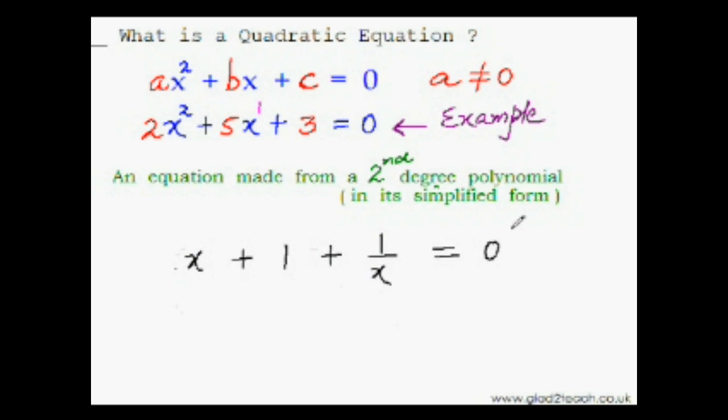So now tell me, how about this one? You have to get this one right. Is it a quadratic equation or not? This one is a quadratic equation. Surprised? At a first glance, it looks as if it's not even a second degree equation. But then, in its simplified form, once again, get rid of this x in the denominator.